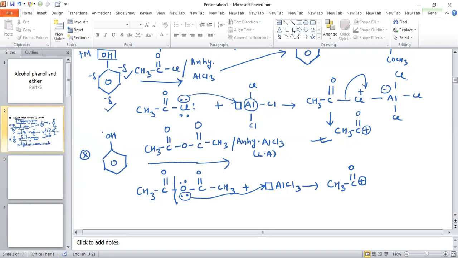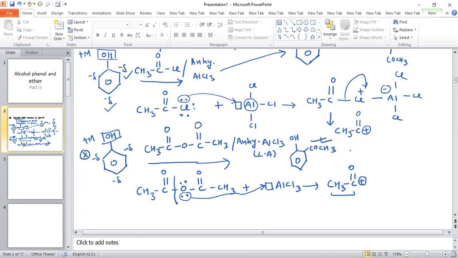Because this OH group, we already know, is a plus M group, this is the ortho position, this is also an ortho position, and this is the para position. Now this electrophile will attack at the ortho and para positions. One is the ortho product: OH, and the electrophile attacks at the ortho position, so COCH3.